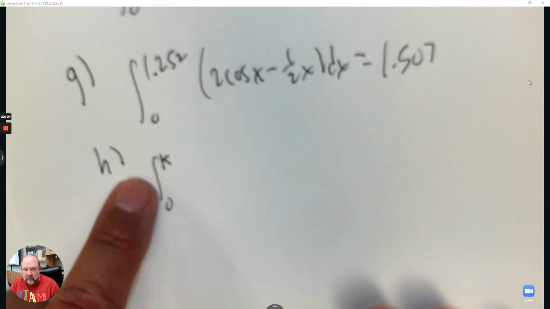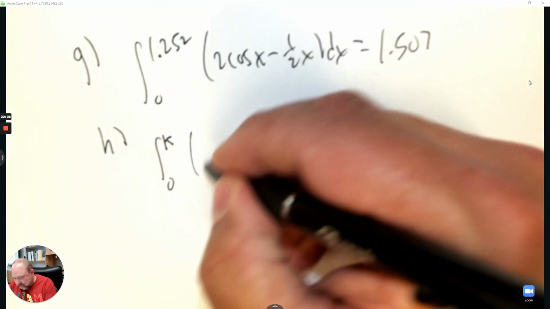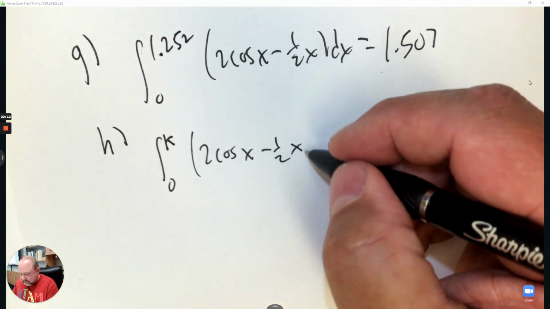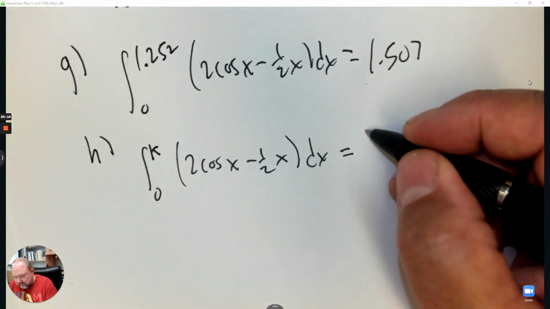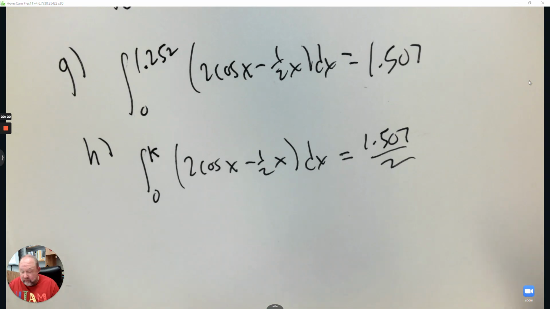So it's going to go from 0 to k. I don't know what that k is. And I'm going to go top subtract bottom. So 2 cosine x subtract 1/2 x. And it's going to be equal to this answer divided by 2. And then I would just use my calculator. I would solve and get my answer.